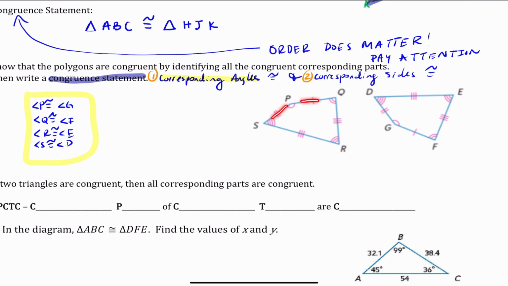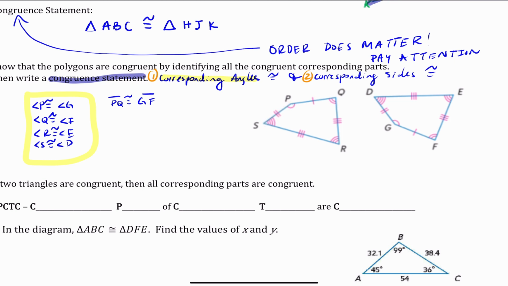And again, these things here are the sides, but they are the edges. Okay, so I see that this side has 1 arc and this side has 1 arc. So I can say segment PQ is congruent to segment GF. And then the next thing is segment PS.